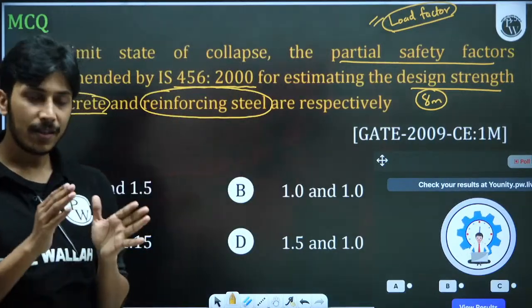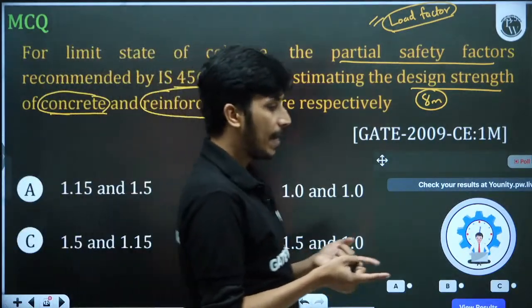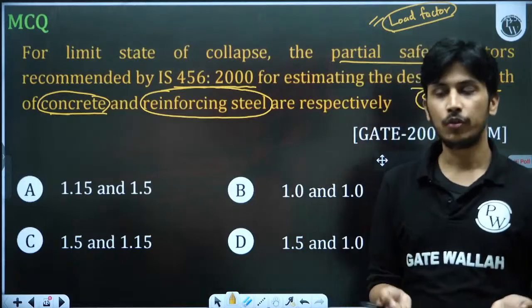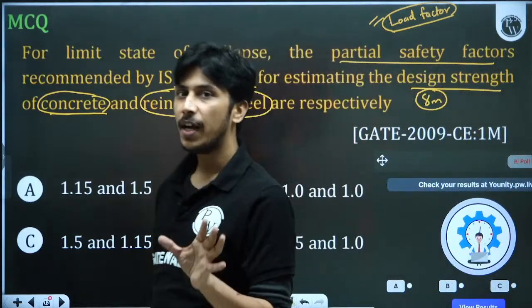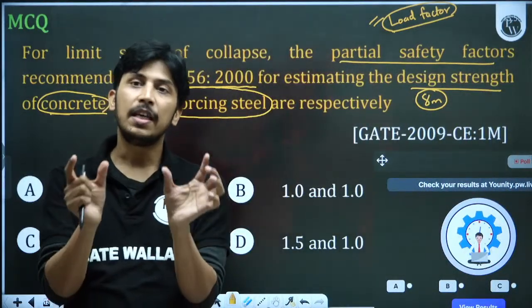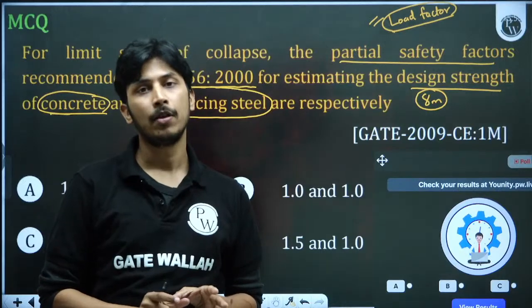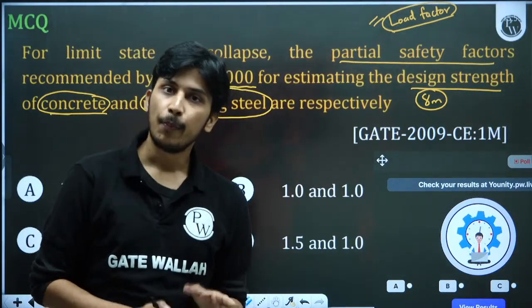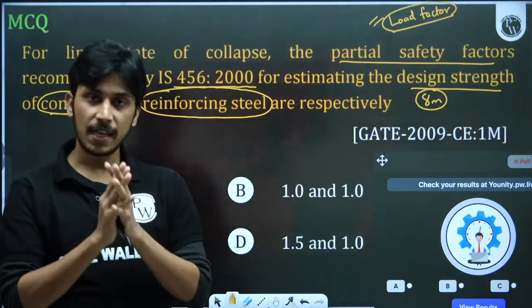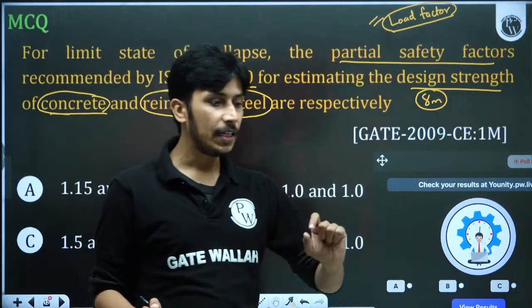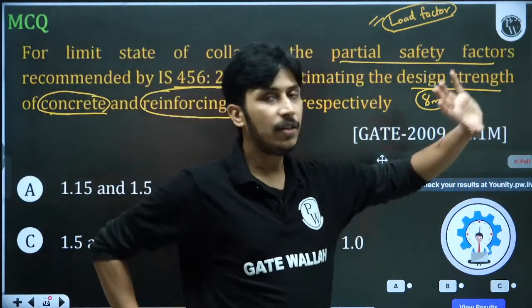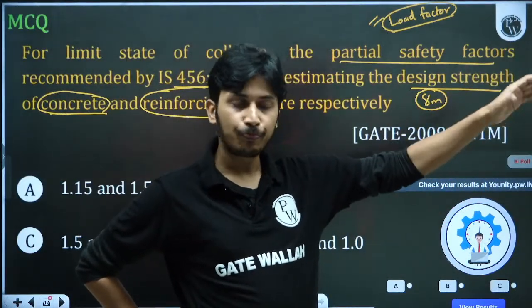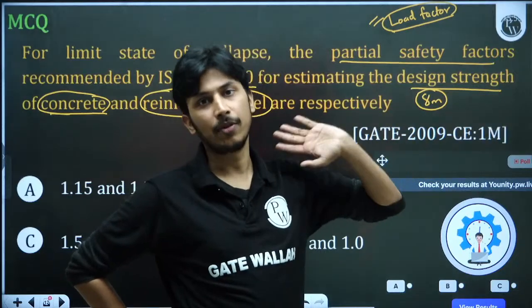If we concentrate on both shifts, like in 2024 both shifts, 2023 both shifts, any year of GATE, they have asked the same concept, but in different contexts. Like in 2024, in one set they have asked about the slab, in another set they have also asked about the slab.